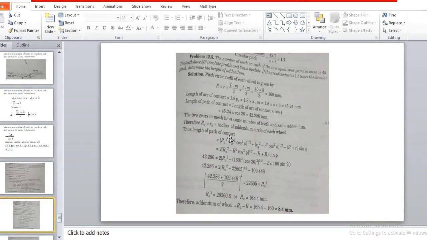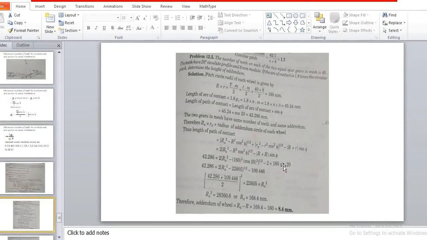So the length of path of contact we calculated here is 42.286, which is equal to 2 into this value. Now this capital R value is unknown to us. Small r is already calculated as 160. Put cos 20, as phi angle is 20.